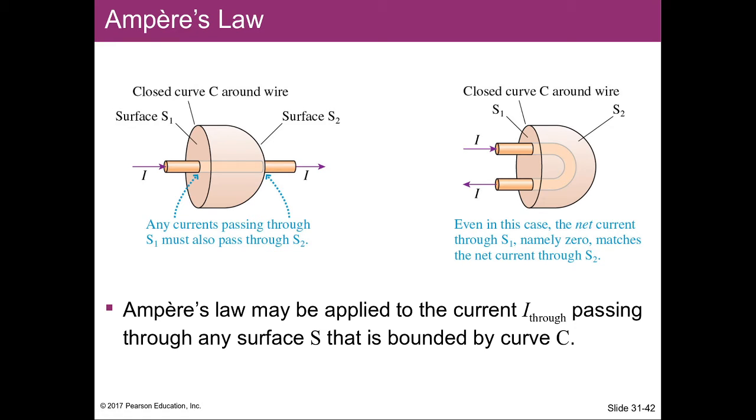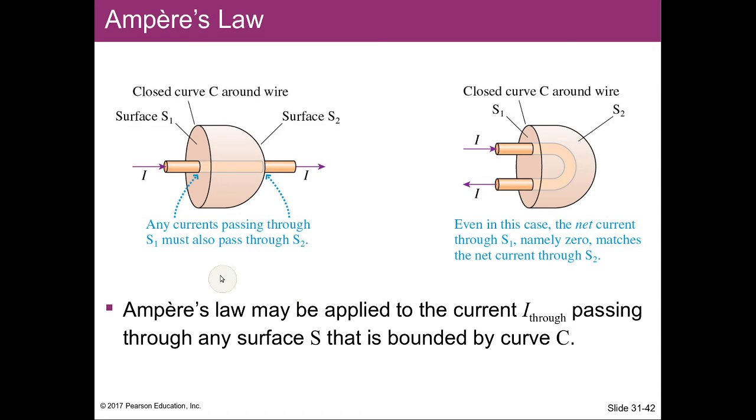There isn't any ambiguity about the volume inside or outside the Gaussian surface. But for a closed curve, we can have multiple surfaces that all are bound by that same curve. Two of them are shown here, the flat circle, surface 1, and this bulged out surface 2.